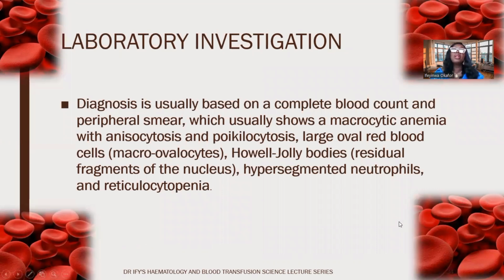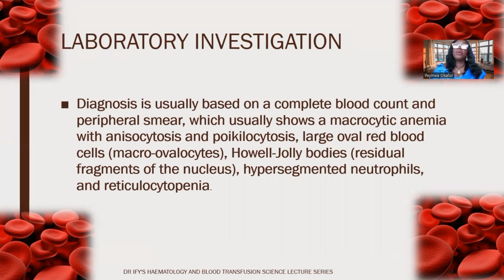Let us look at laboratory investigation of megaloblastic anemia. What is it that we do in the lab that will enable us to diagnose megaloblastic anemia? One of the first steps that we do is what we call complete blood count, and in addition, we do a peripheral blood smear.